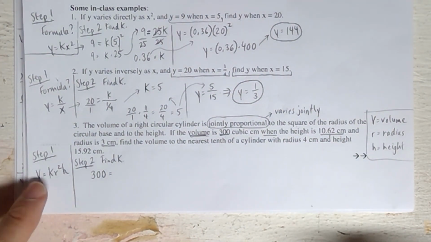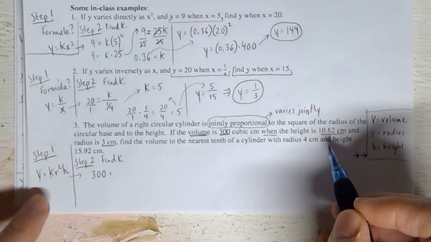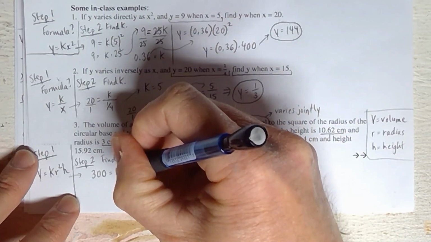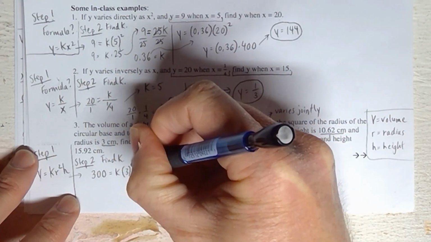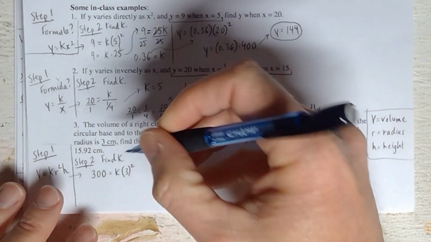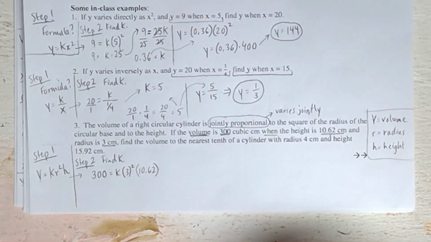Let me show you how it looks. V gets replaced by 300. The radius gets replaced by the 3, like that. And don't forget the square there because r squared. And then the height is 10.62. Now remember what I said.